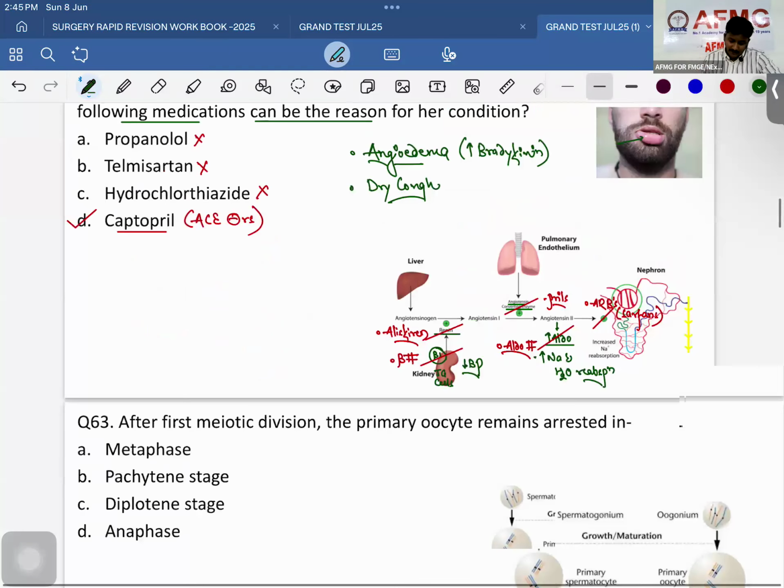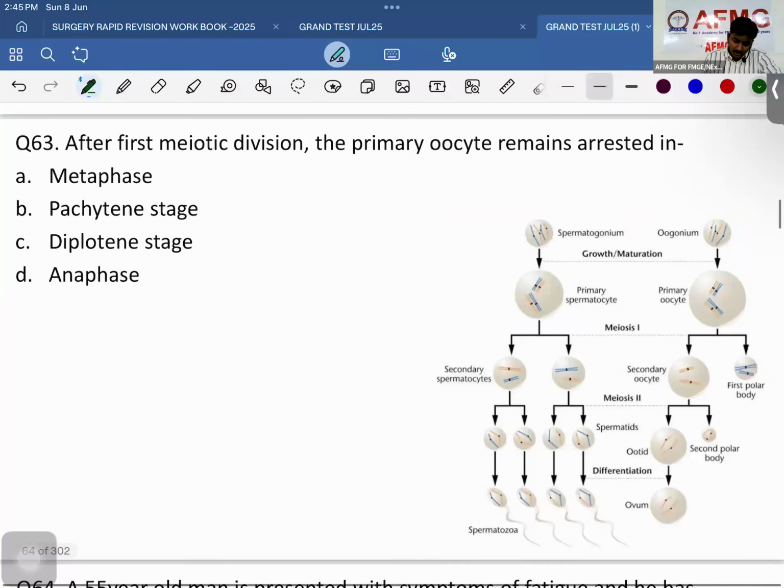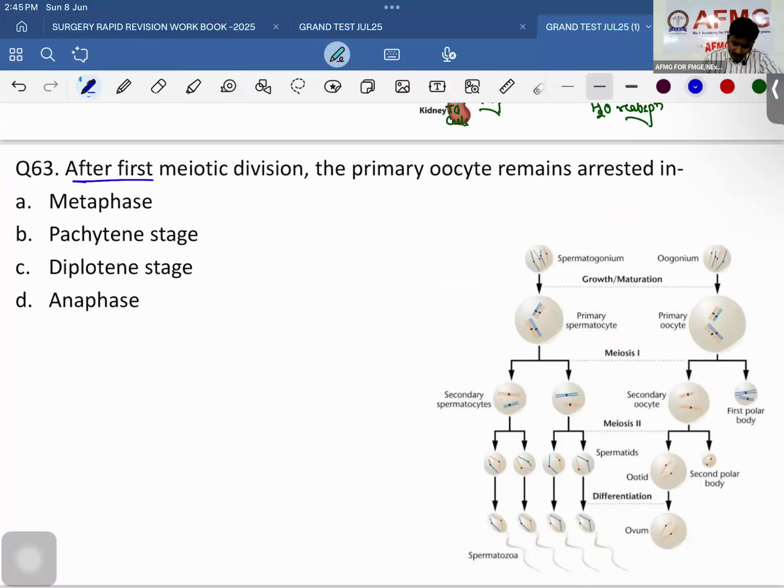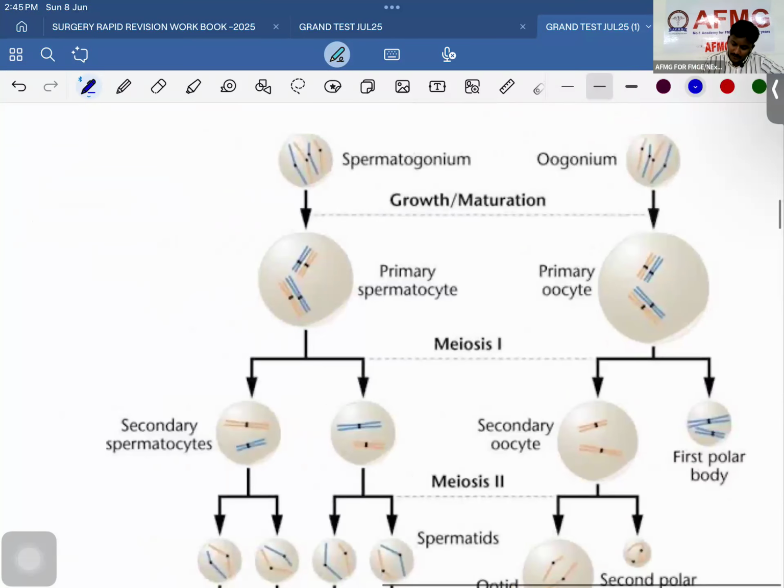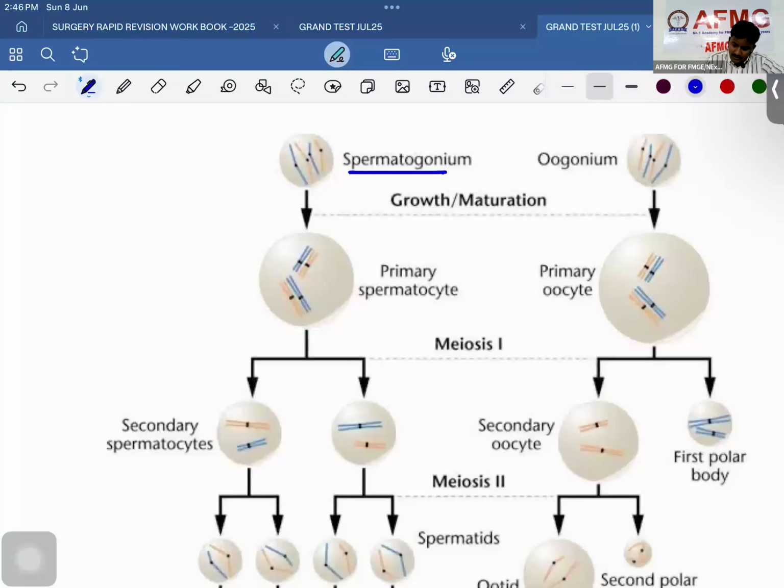चलो. So now the next one, question number 63, beta. After first meiotic division, the primary oocyte usually remains arrested in which phase? तो याद रखना बेटा, see here, normally the spermatogonium undergoes growth or maturation and forms the primary spermatocyte.